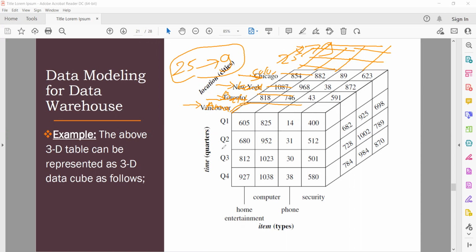You need to answer. That is your problem-solving skill. If you answer these types of questions, your brain is working perfectly. That's why I'm asking you. We need to minimize 25 into 9. How can you minimize?